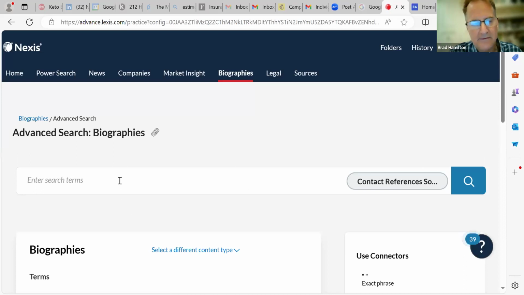So what is contact references? It's a collection of about, by my estimation, maybe 800 million professional profiles. These are people who work doing whatever, their name, where they work, their title, how long they worked, their background, and also their work number and their work email.